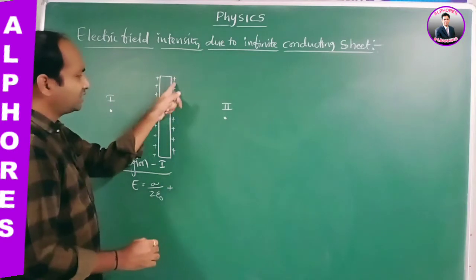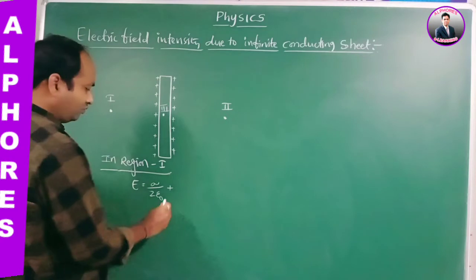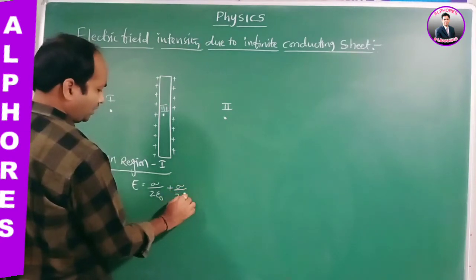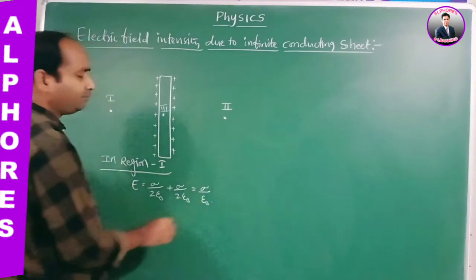Plus the second surface, the other surface is also positive. What you will get? Sigma by 2 epsilon naught. That is equal to sigma by epsilon naught.